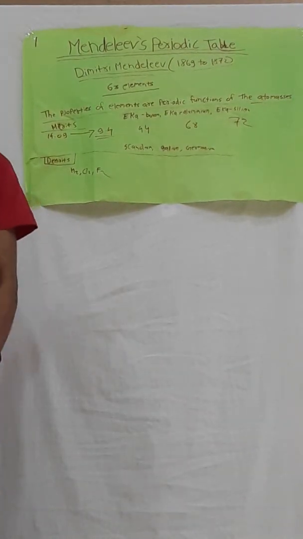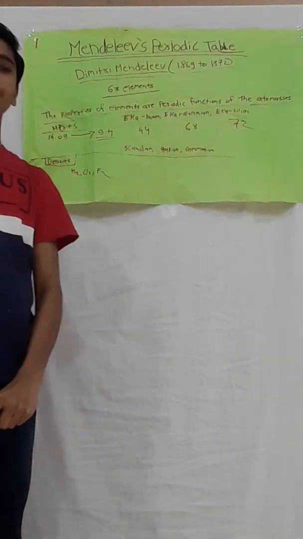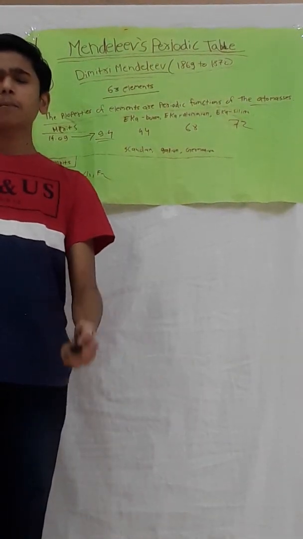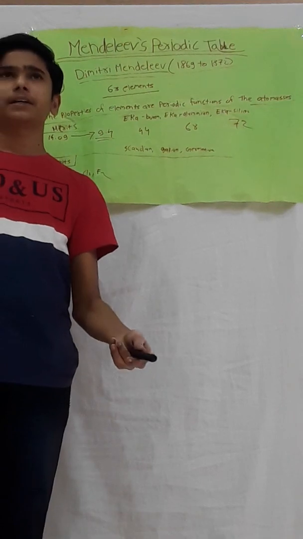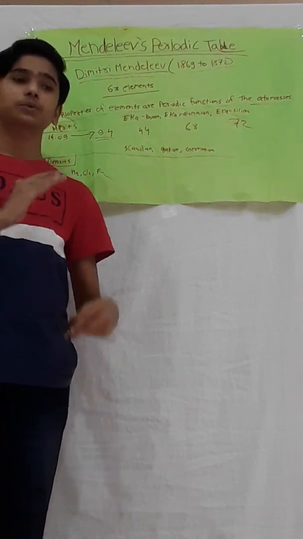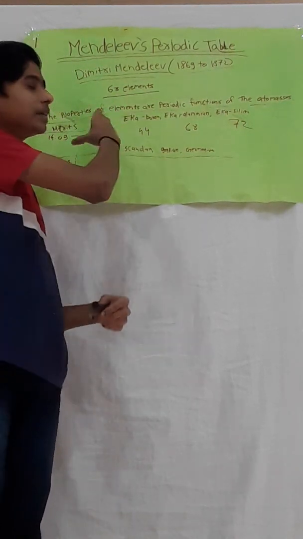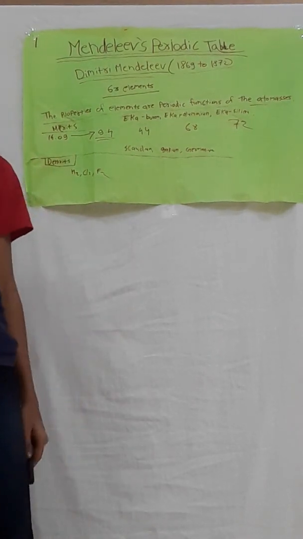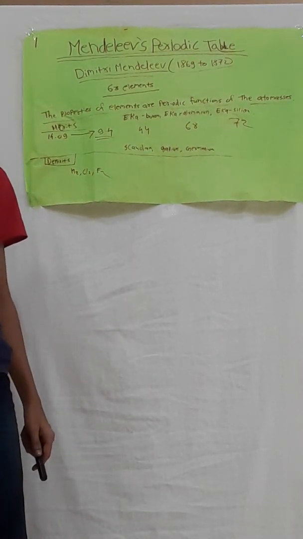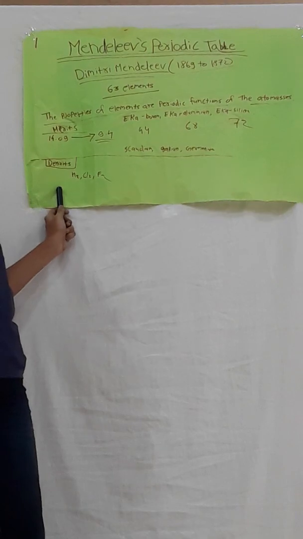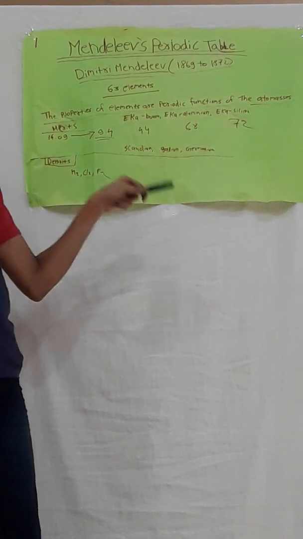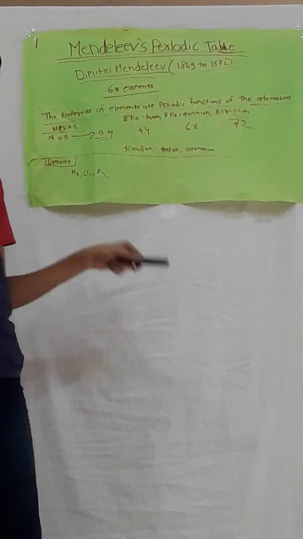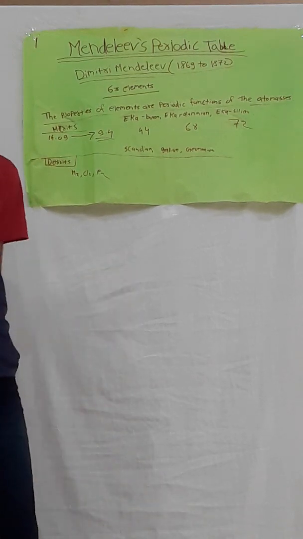Now, the merits of the Mendeleev periodic table. The atomic masses of some elements were revised to give them a proper place in the periodic table. For example, the atomic mass of beryllium was 14.09, was changed to the correct value 9.4 and placed before boron.